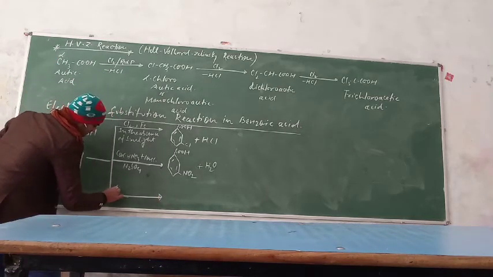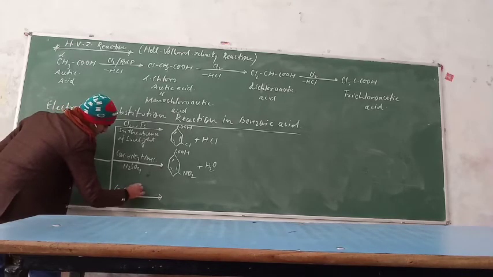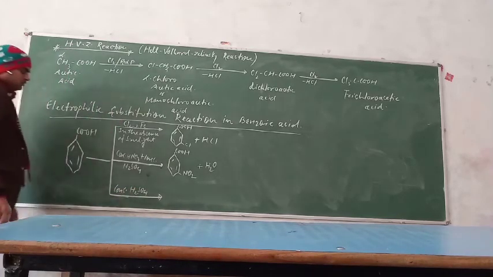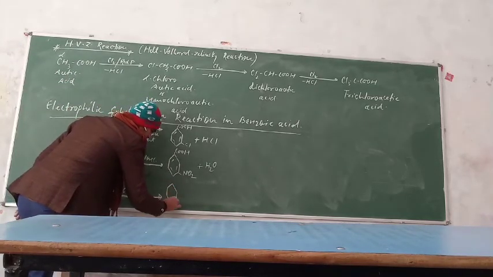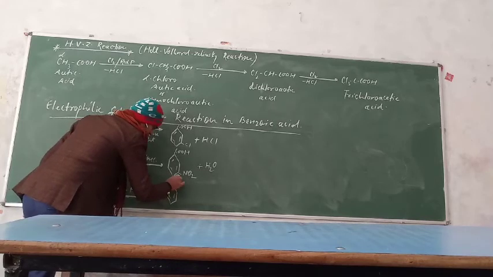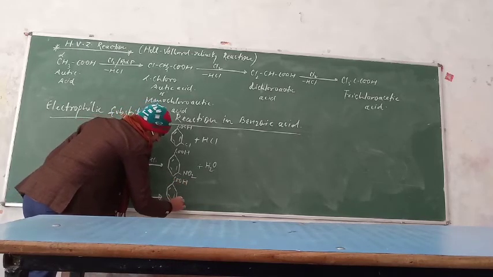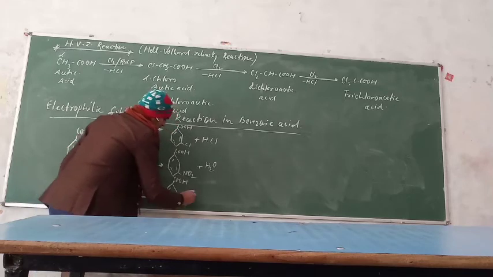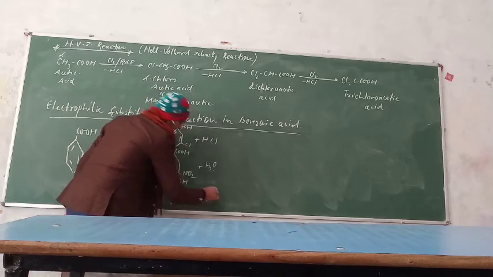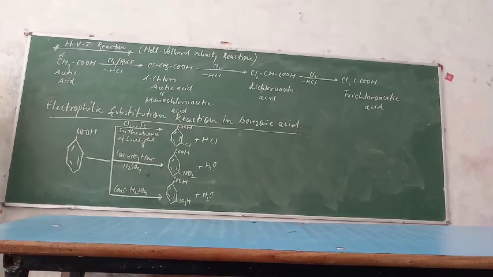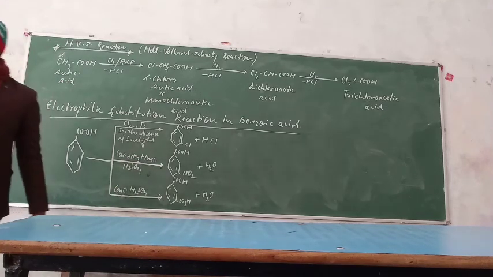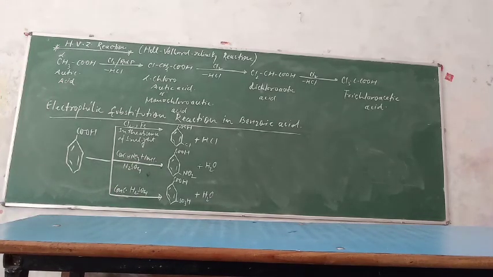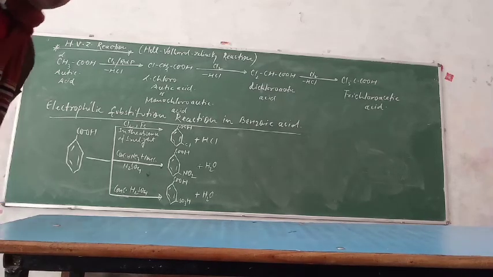Similarly, when we treat the benzoic acid with concentrated H2SO4, we get the metasulfonic benzoic acid, like this. So this is the electrophilic substitution reaction in benzoic acid, and this is all about the reactions related to the carboxylic acid as well as the benzoic acid. Now I will talk about the next topic in my next video. Thanks a lot.